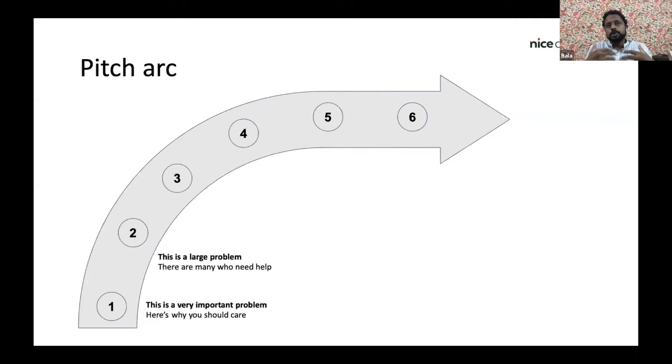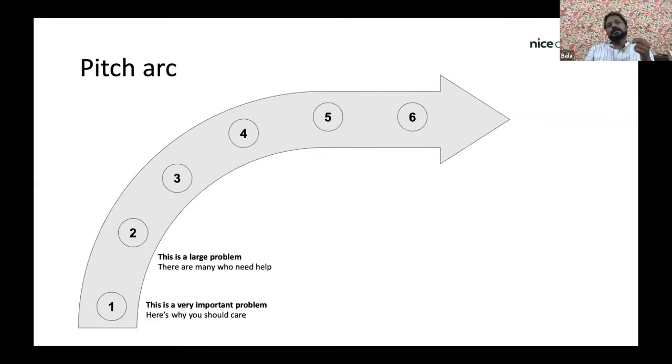So you are creating the human angle of the problem. Then you are saying it's not just one person, but if you were to look at India, India is probably the diabetic capital. There are 100 million people who could be diabetic or at risk for diabetes. So that's the next step that you're getting into, right?